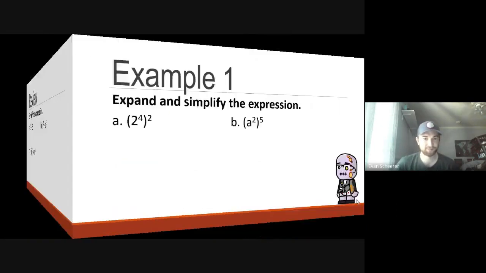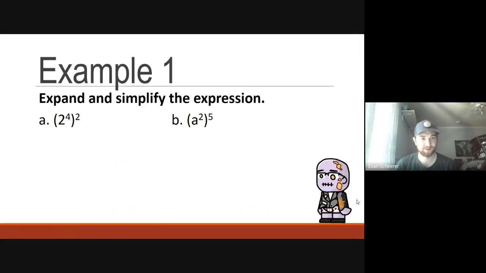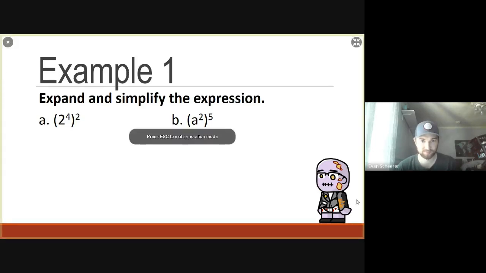All right. So now we're going to do the same sort of thing. We're just going to expand this and simplify it. You saw the first thing. Now I want you to try to look at this. So this is 2 to the 4th squared. Hang on, my screen's black right now.